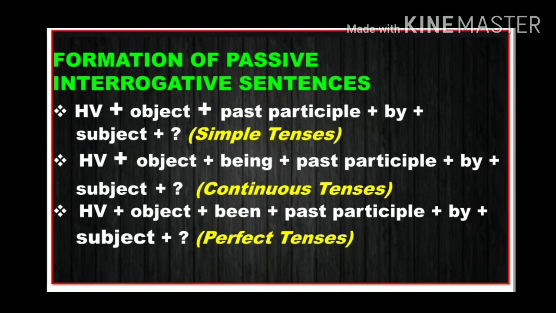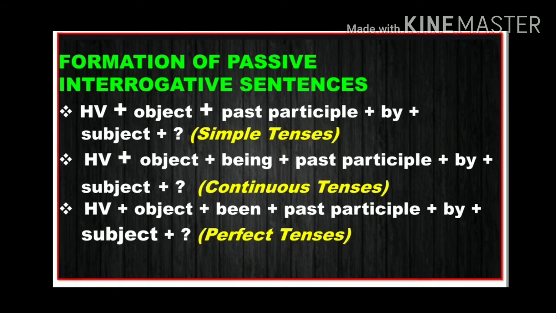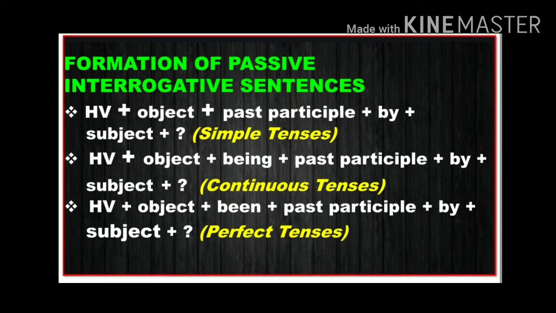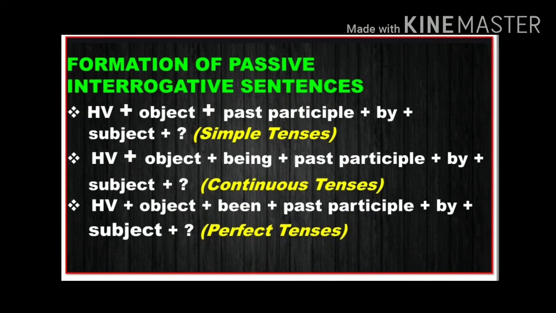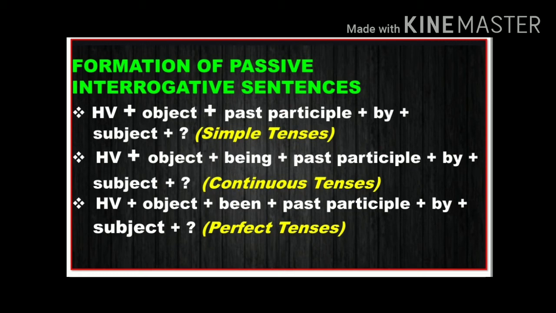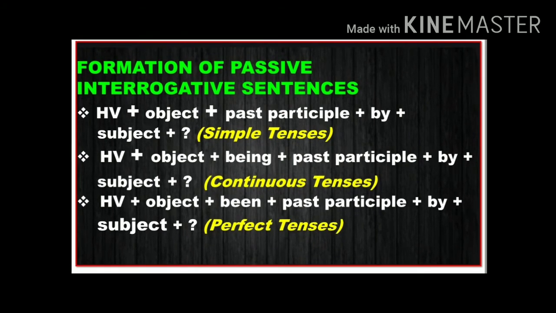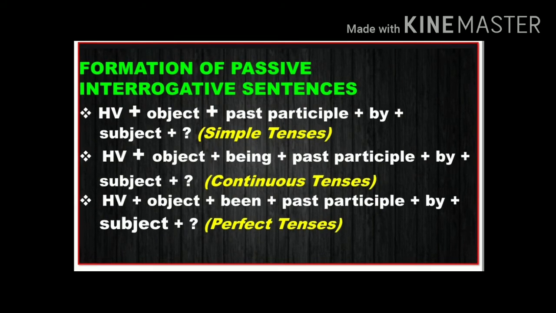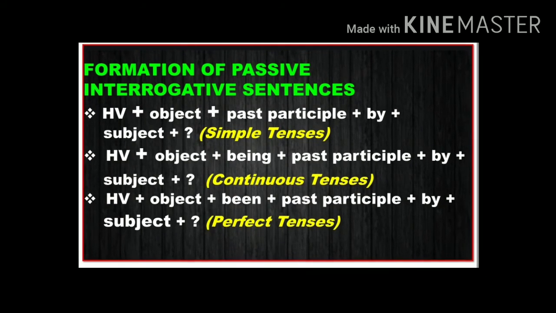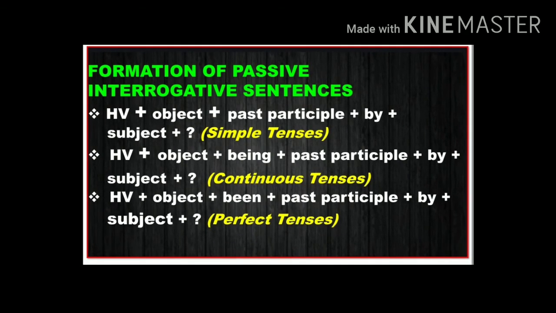And the next one is helping verb plus object plus being plus past participle plus by plus subject plus question symbol. So that is for continuous tense. And the third one is helping verb plus object plus been plus past participle plus by plus subject plus question symbol. This is for perfect tense.